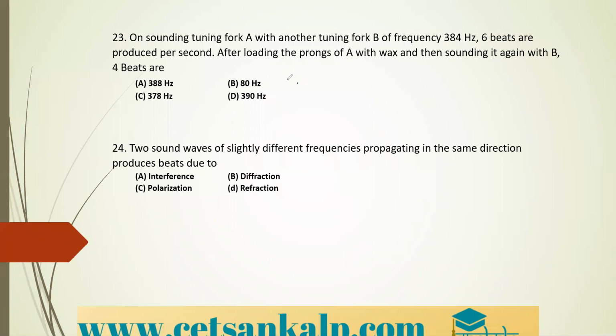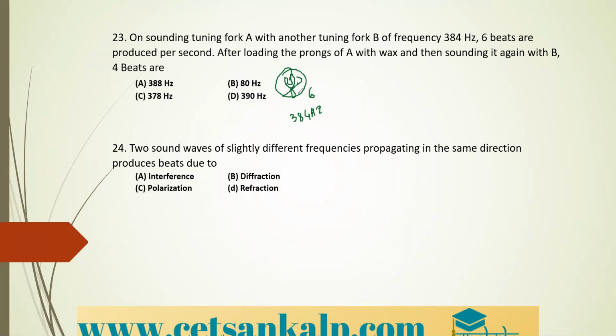we have two tuning forks. I hope you have seen the tuning forks. It is something like this. Two tuning forks are there, A and B. They are of the same frequency, that is 384 Hertz, and they are producing 6 beats. Next, you are going to apply some wax to the prongs.